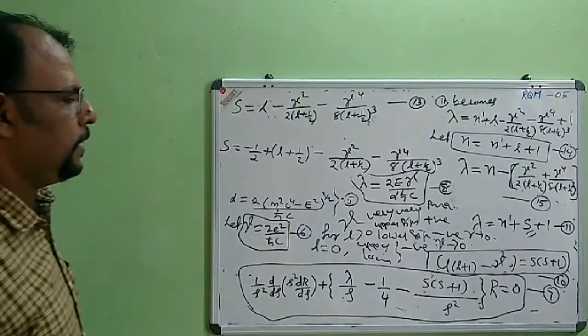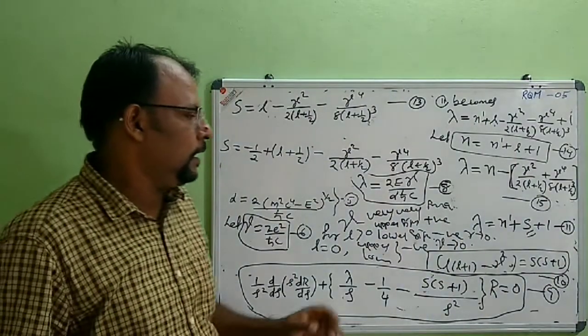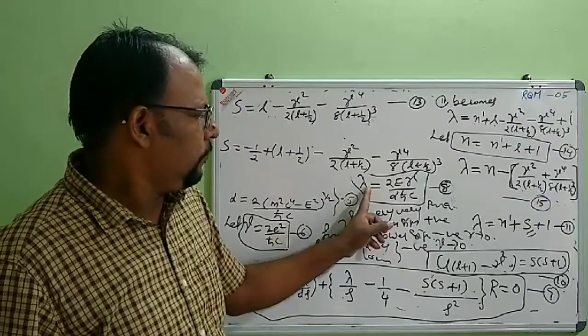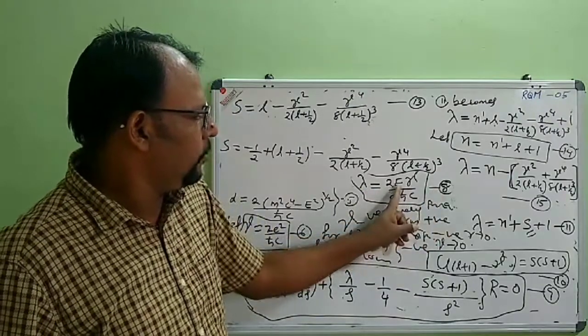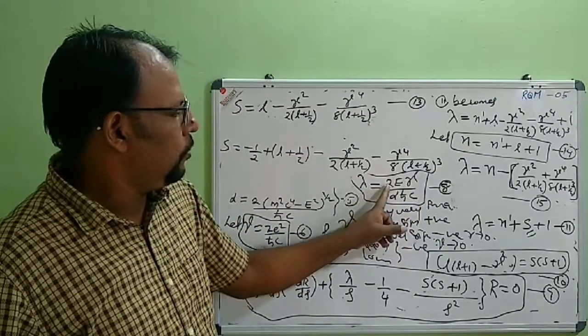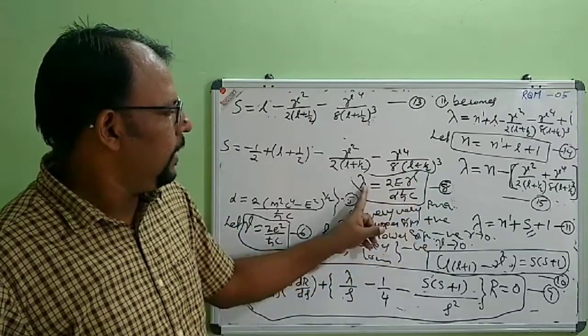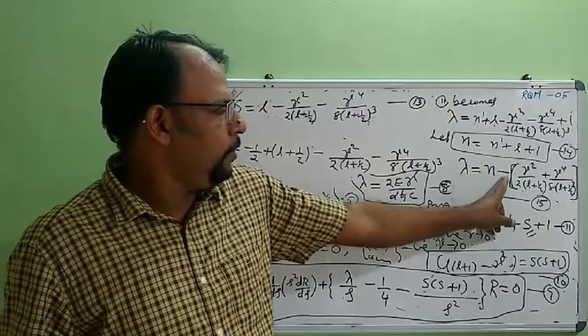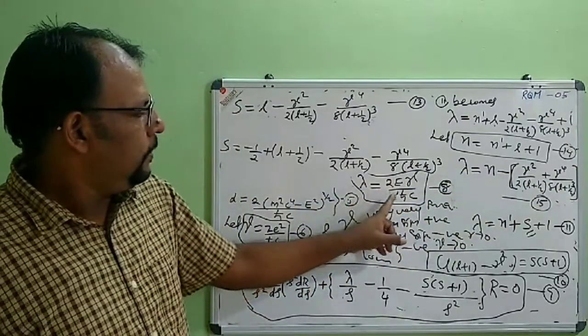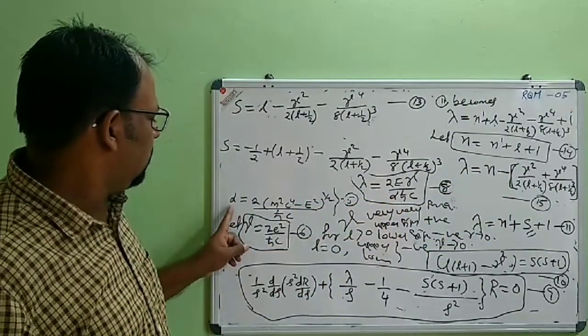Now we have to find the expression for energy levels. That equation we can obtain from equation 8. Equation 8: lambda equal to 2 E gamma by alpha h bar c. This lambda we can substitute the value from here, and alpha is written already there.